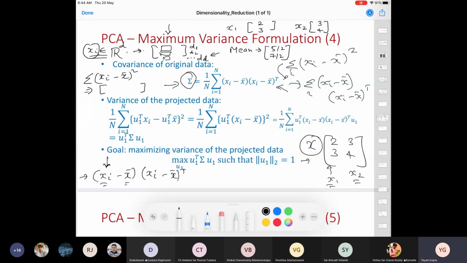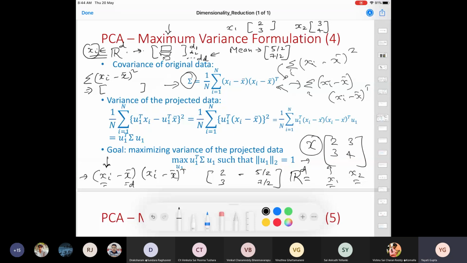Each individual point xi is a d-dimensional vector. Even if you subtract the mean from it, say I have 1, 2, 3, you'll get again a d-dimensional point.